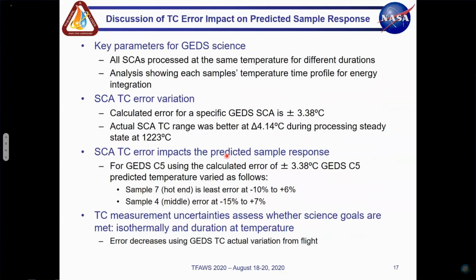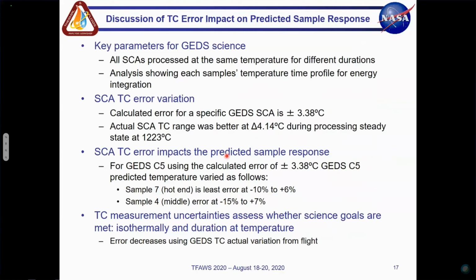On slide 17, two of the key parameters for GEDS science are all the SACAs processed at the same temperature for different durations, and analysis showing each of the samples' time-temperature profiles, which will be used for energy integration.